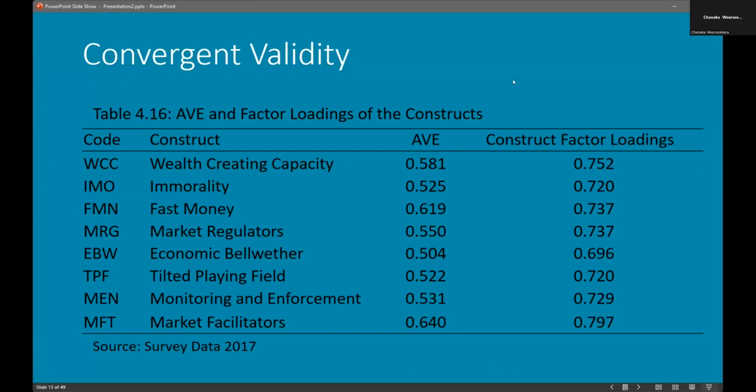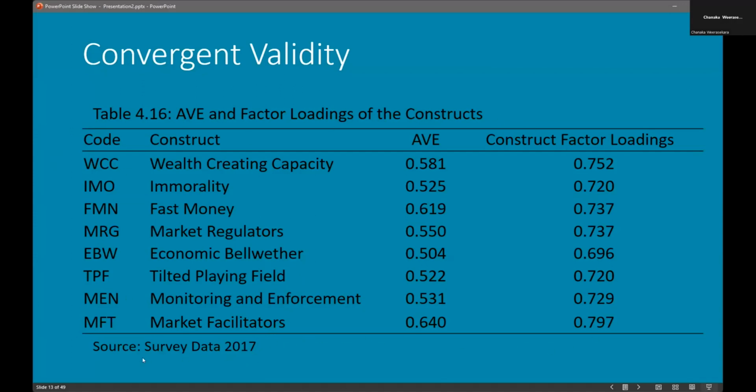So this way you can present your convergent validity, but don't worry about this. We are not asking everyone to present this sort of data.